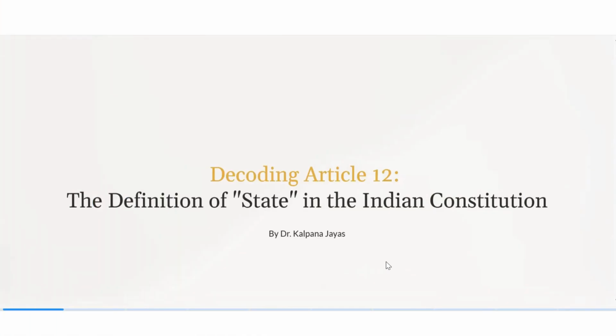In today's lecture, we would be discussing the definition of a state in the Indian Constitution. Basically decoding Article 12 of the Indian Constitution, which is very important to understand the chapter of fundamental rights in our Constitution.